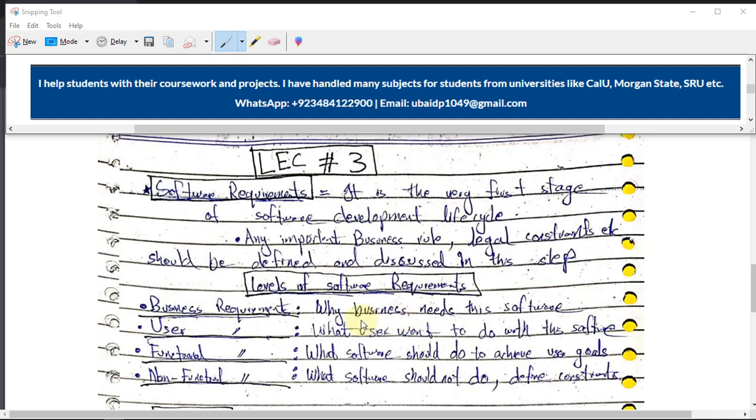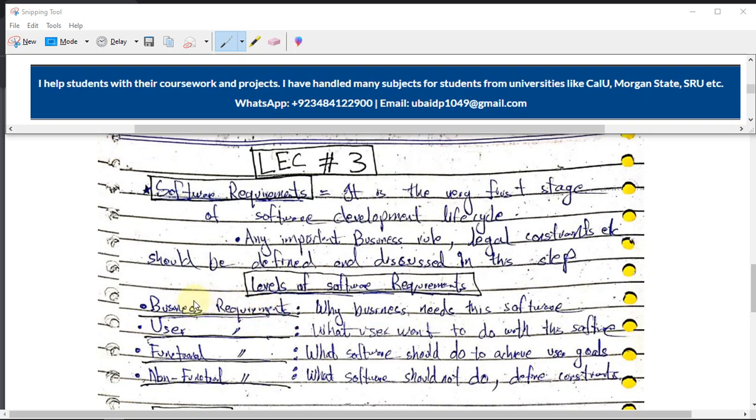Focus on that and try to think about it, and there will be a dedicated document for this business requirement, right? Which will obviously be called the business requirement document, and it is part of the software requirement document, right? Then there will be the user requirement, which is what the user wants to do with that software.